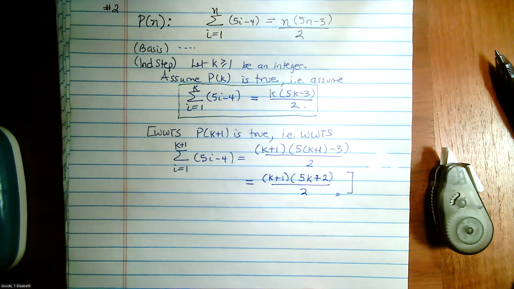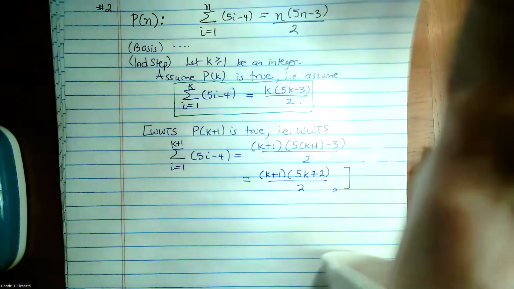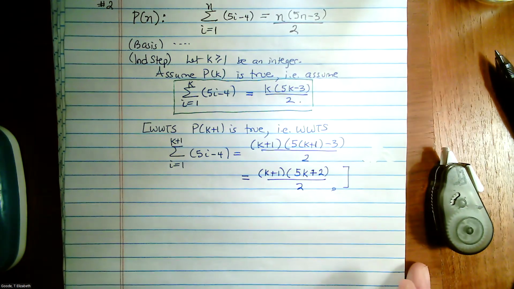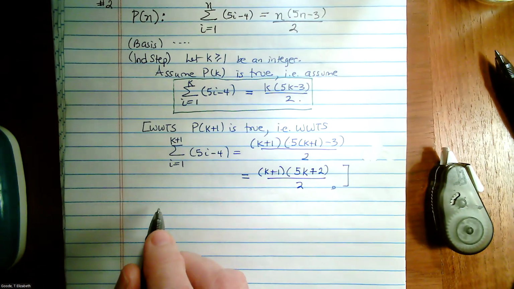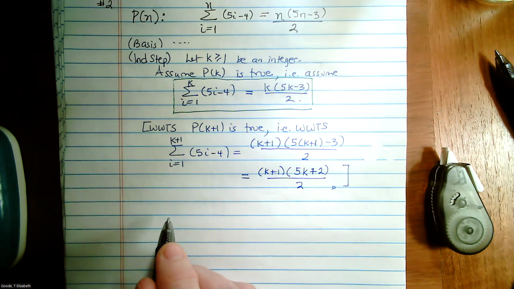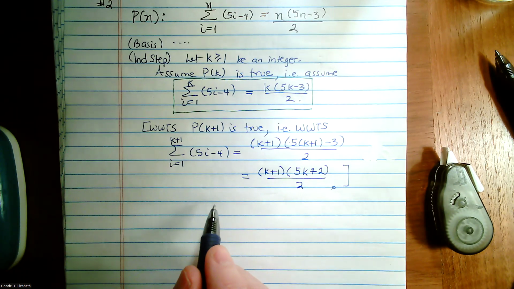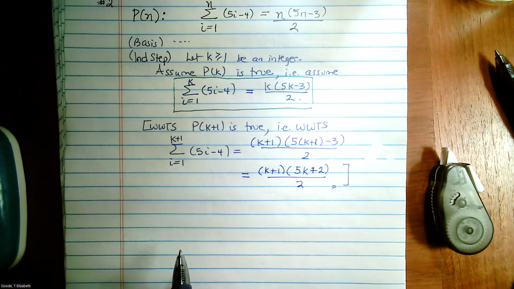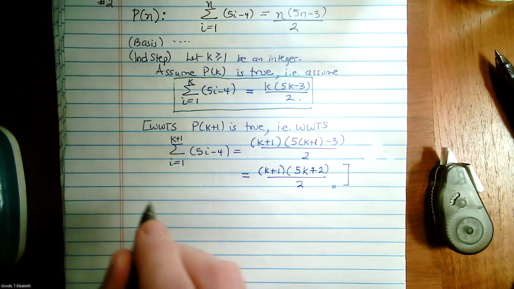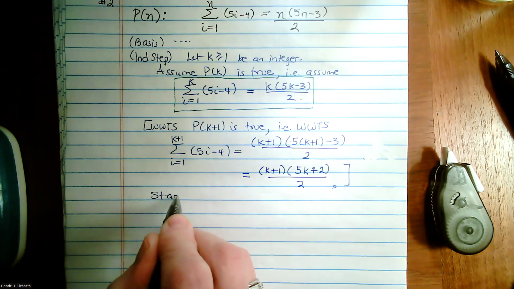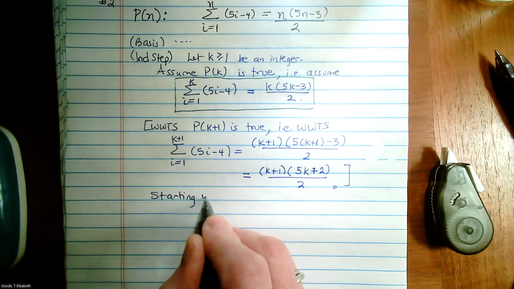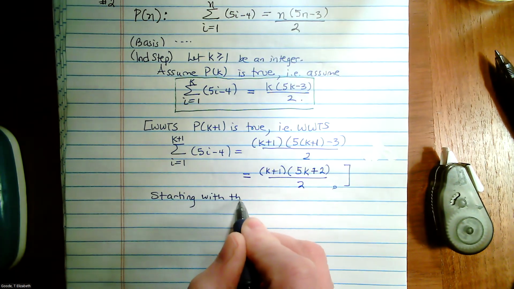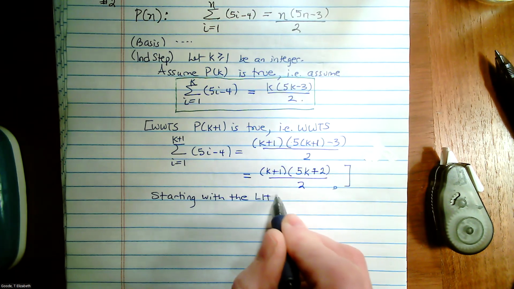So then what did you do? I used substitution and then split the, not substitution yet. You'd split it first. You split the left-hand side of P of k plus 1.